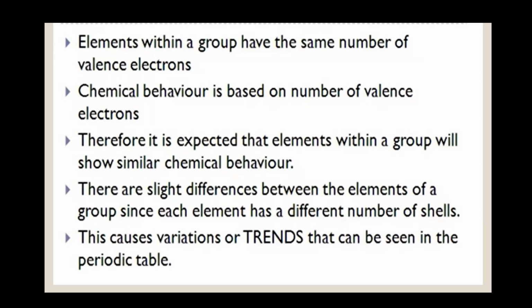Lithium has 3 electrons, which will be distributed into 2 shells. After lithium, sodium. Sodium has 11 electrons, so they will be distributed in 3 shells. So the difference in chemical behavior here depends on the number of electron shells.